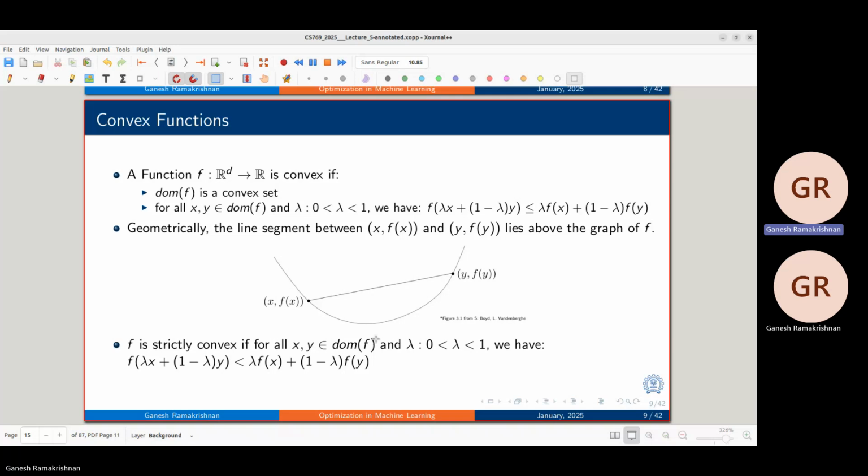So I'm going to post this teaser question to all of you. What is the connection between these two sets, which appear to be convex for a convex function, and the function itself being convex? This set L alpha of f is called the sublevel set.